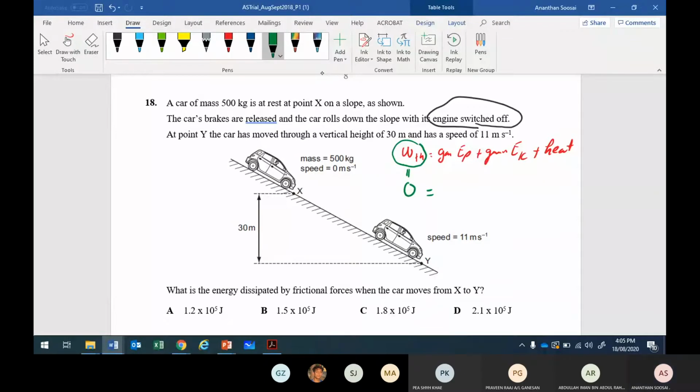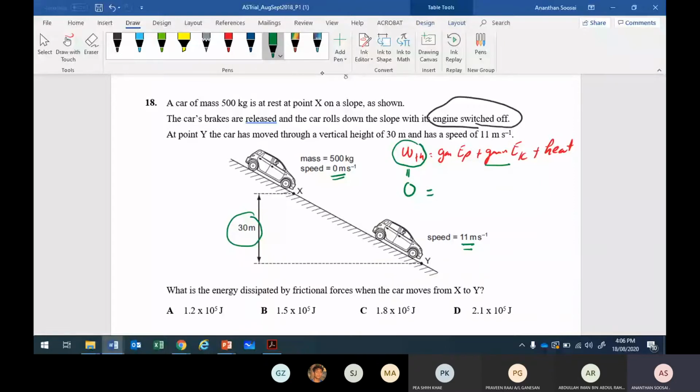At point Y, the car has moved through a vertical height of 30 meters, or gone down by 30 meters, and has a speed of 11 meters per second. Here it becomes 11. Here speed is zero. So that means it has gained kinetic energy. What is the energy dissipated by the frictional force when the car moves from X to Y?